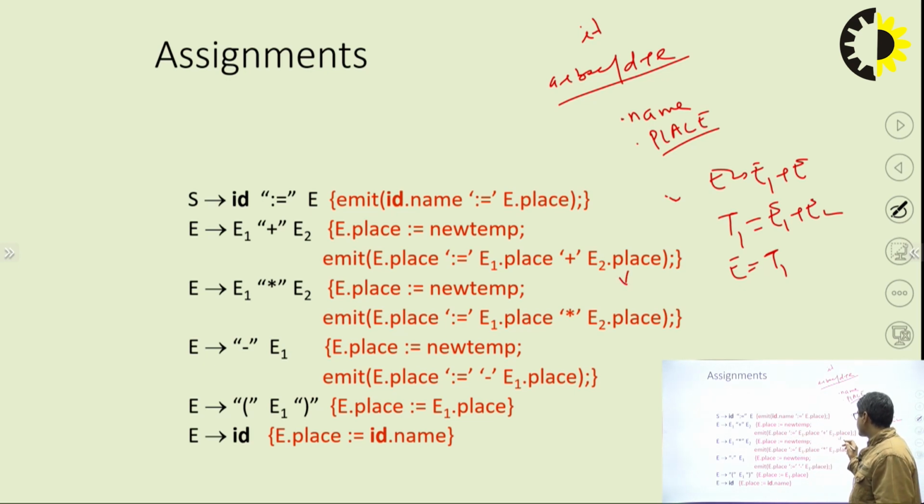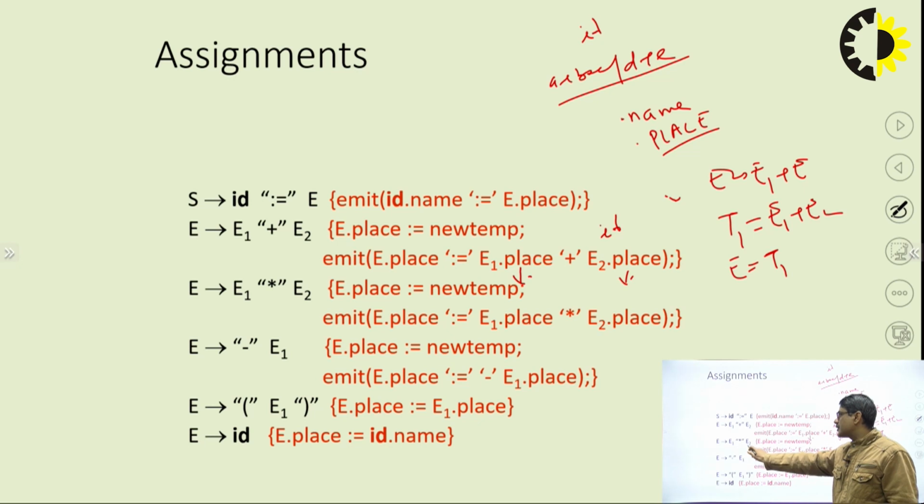Firstly the E2 dot place value is taken, then the E1 dot place value is taken, then the plus operator is performed, and that is converted into a single value. That single value is stored into a new temporary variable, and then the new temporary variable is stored to E. Okay, so this is E dot place equals E1 dot place plus E2 dot place.